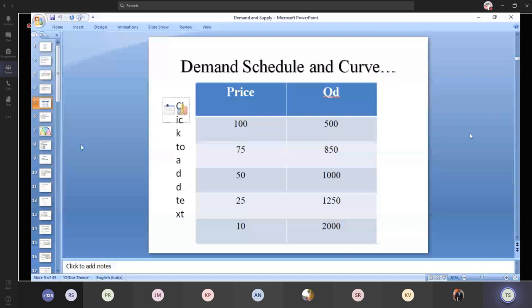Quantity demanded on the x-axis, and price should be on the y-axis. Plot the points and draw a line.